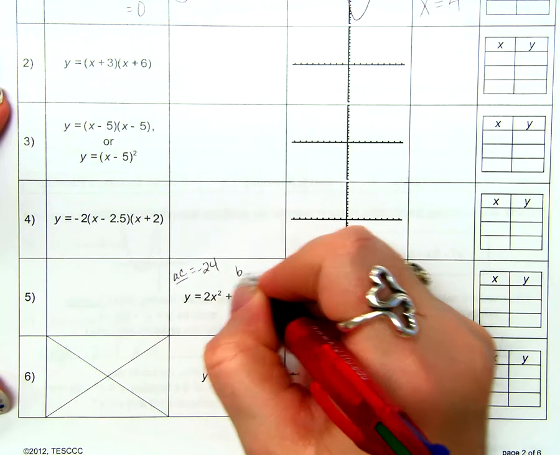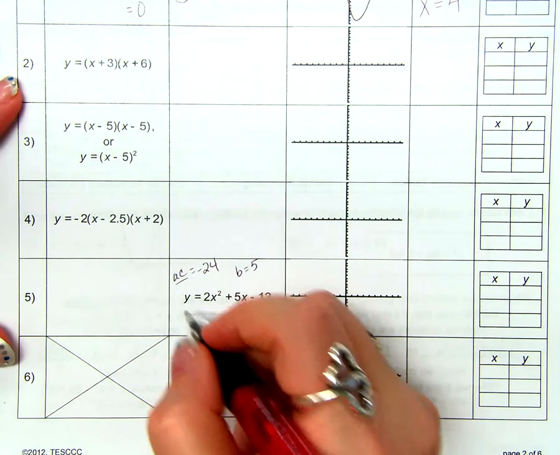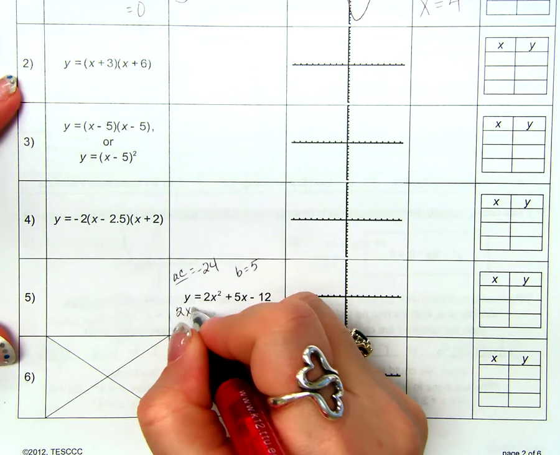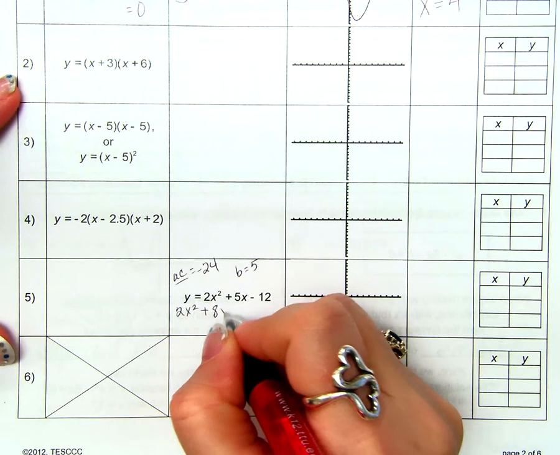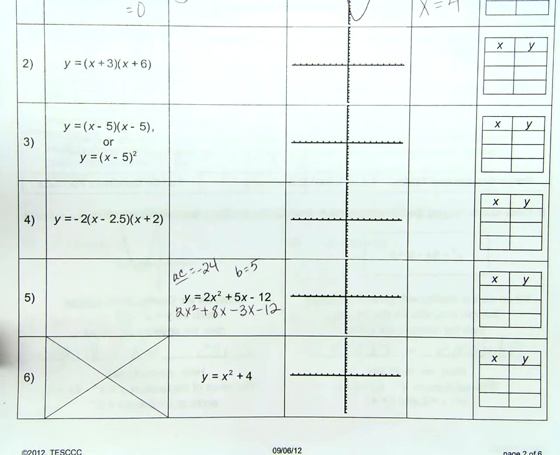And what's B? 5. So what multiplies to be -24 and adds to be 5? 8x and -3x, right? I heard one person say it. I didn't hear anybody else though, so I need to make sure you guys are good.